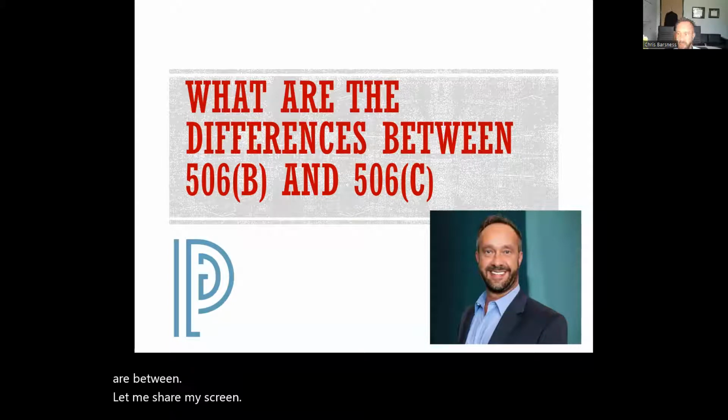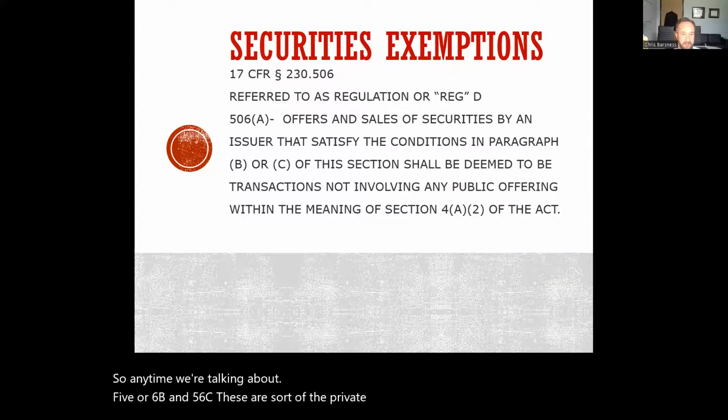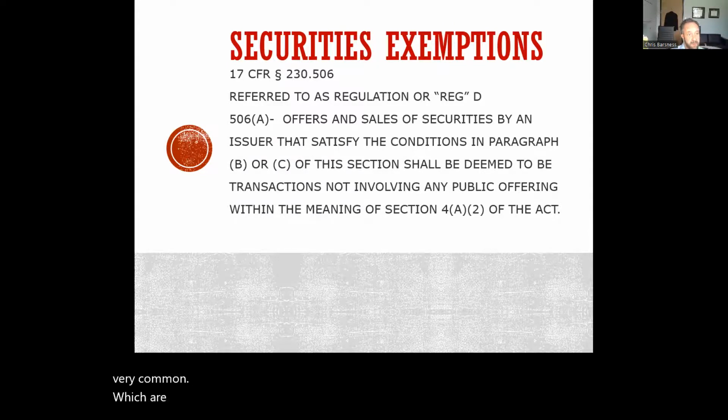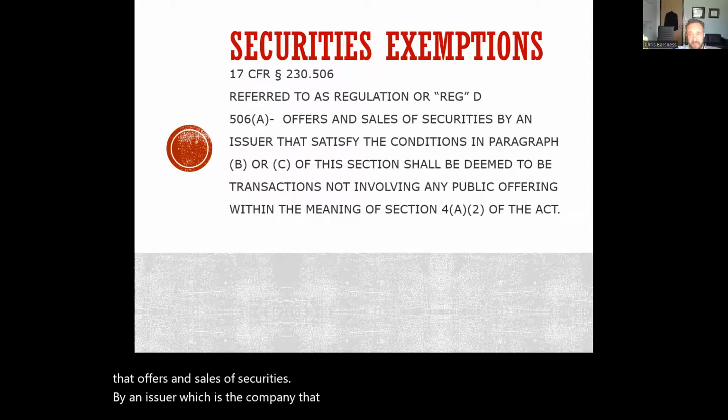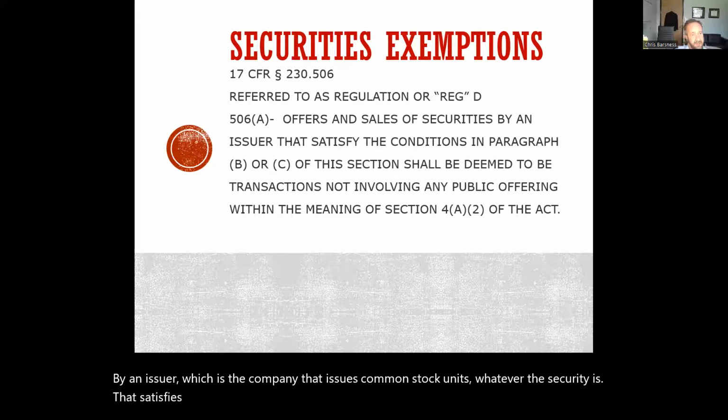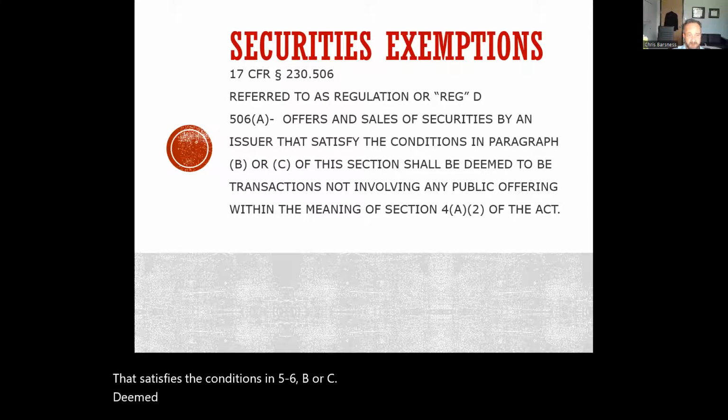Okay, so anytime we're talking about 506B and 506C, these are the private placement securities exemptions that are very common, which are found under the Code of Federal Regulations, considered Reg D. 506A says that offers and sales of securities by an issuer, which is the company that issues common stock, units, whatever the security is, that satisfies the conditions in 506B or C, are deemed not involving a public offering within the meaning of 482 of the Act.